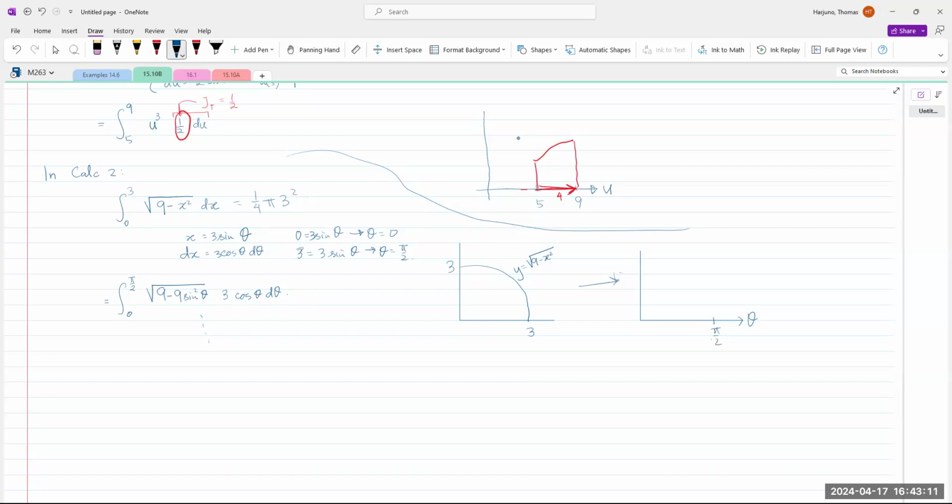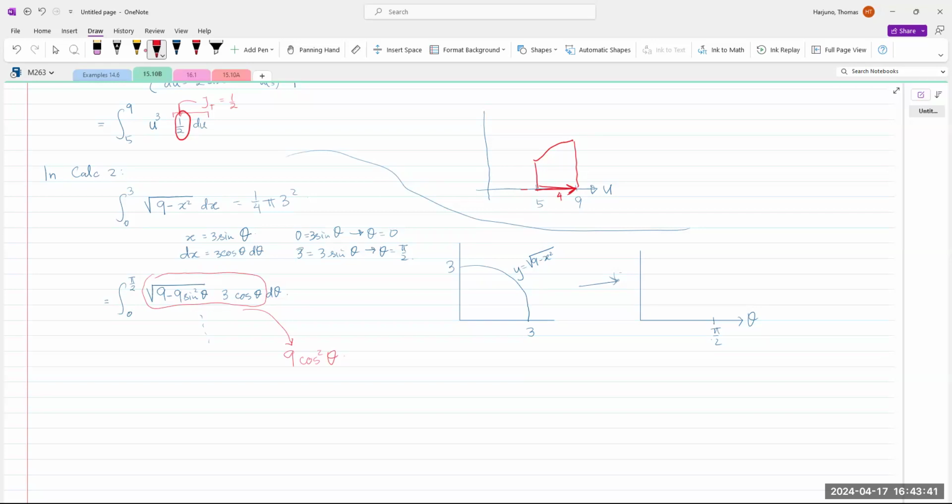Now we have this thing here, let me use red color. If we clean it up and make it nicer, we get 9 cosine squared theta. You can try to simplify that.